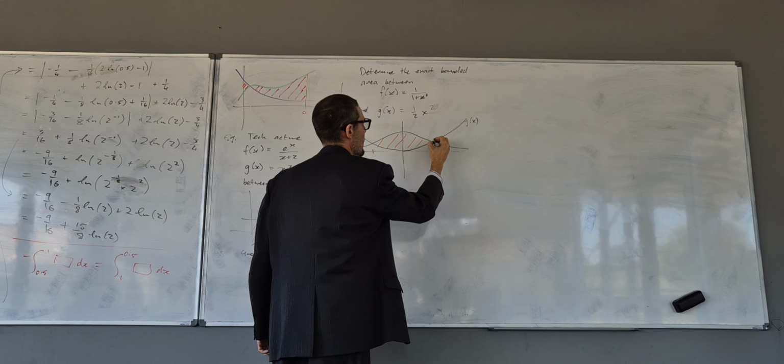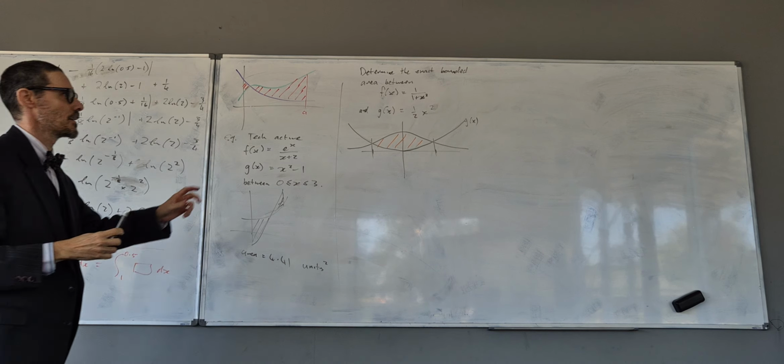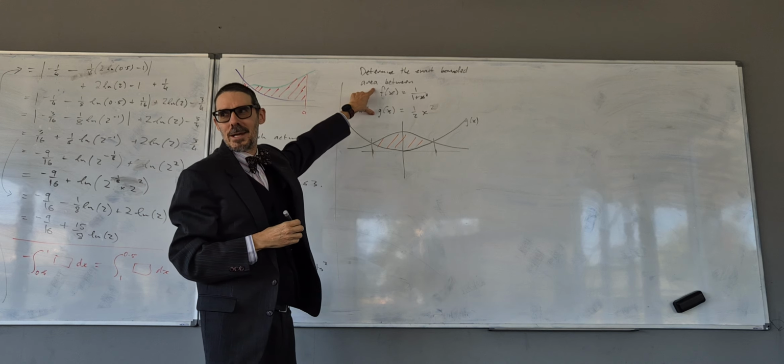What's this point and this point? What are the x coordinates? How do I solve that? Make the two functions equal to each other. Go, solve for x.